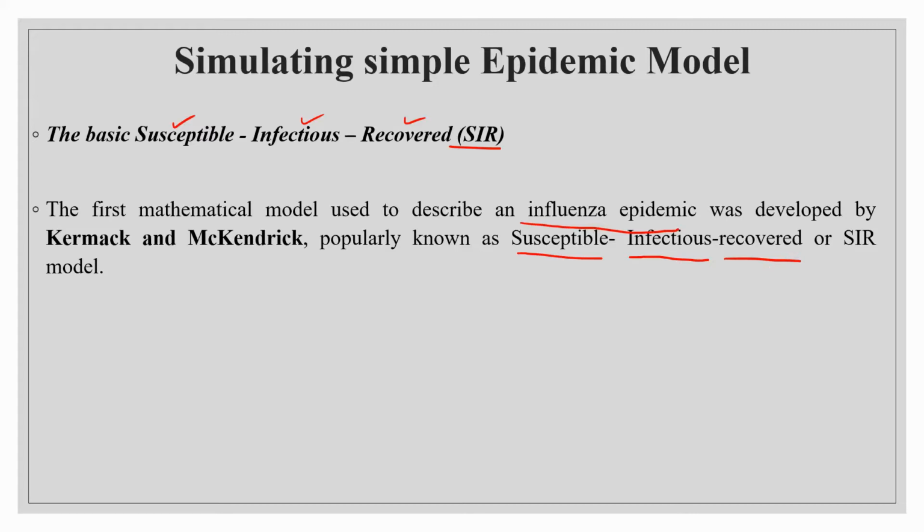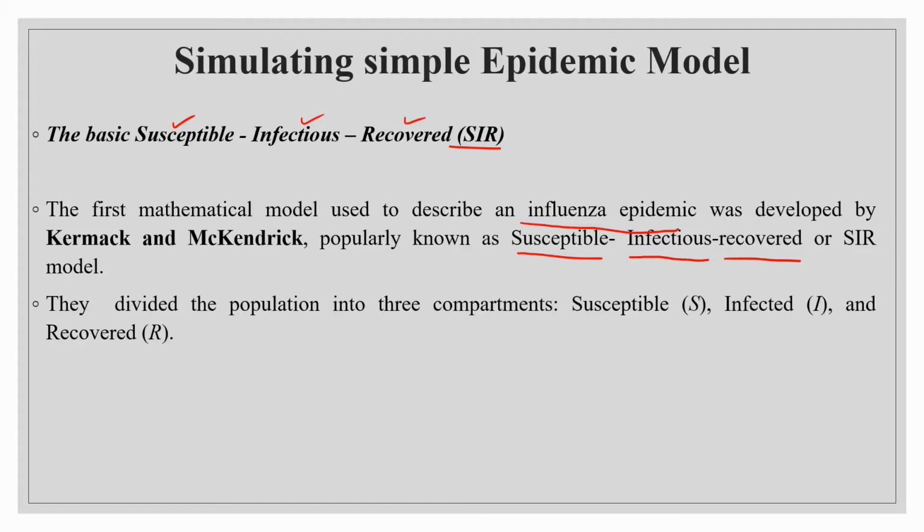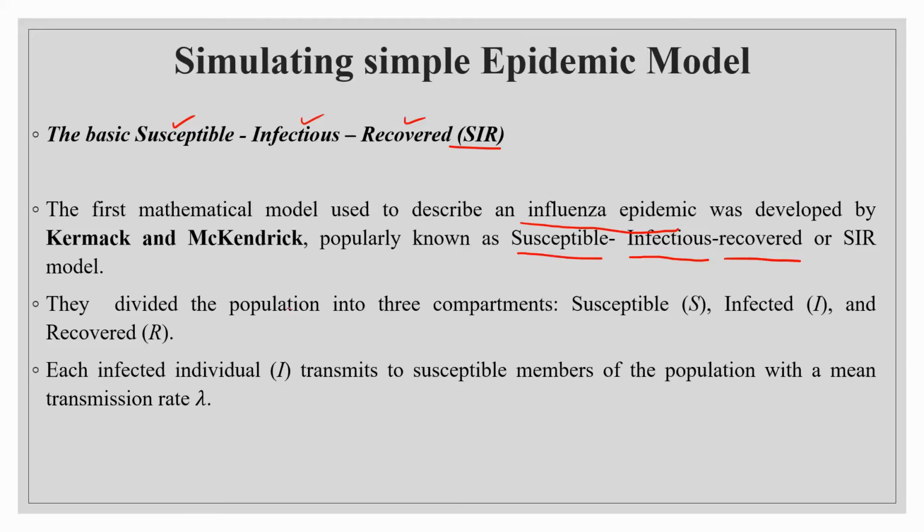They divided the population into three compartments: susceptible, infected and recovered, and they assumed that the infected individual transmits infection to the susceptible individual with the mean transmission rate lambda, and at the end of the infectious period the individual becomes recovered.